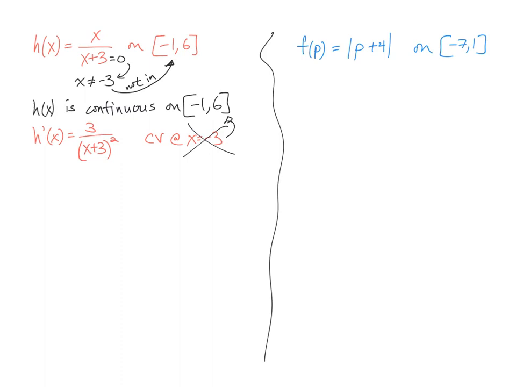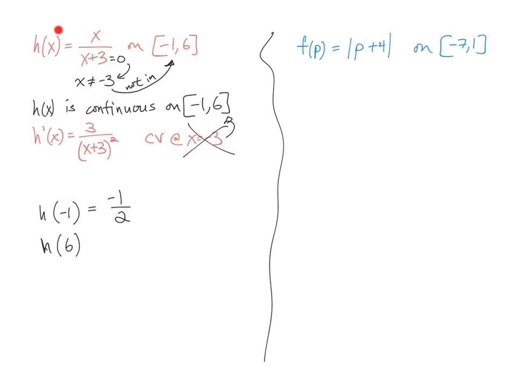So the only values we have that we can find for a max and a min here are our endpoints. We are always going to have our endpoints, but we may or may not have a critical value that is usable. So with this, we can just find h of -1 and get -1/2, because I'm putting these back into the original function. Remember, the derivative here is only good for finding critical values. We've done that already.